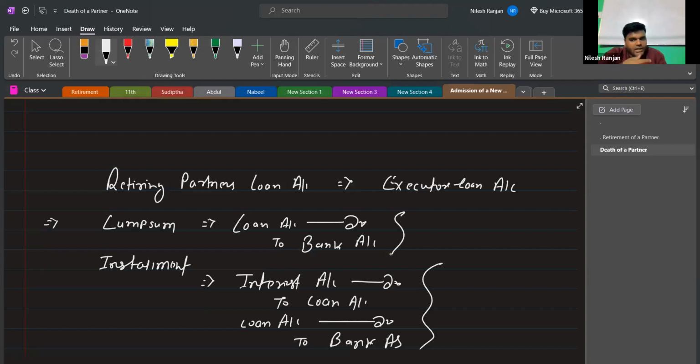I have also prepared the loan account in the previous class. Do you remember that? Loan account? I think no, I only showed the retiring partner's capital account. Okay, let me check.